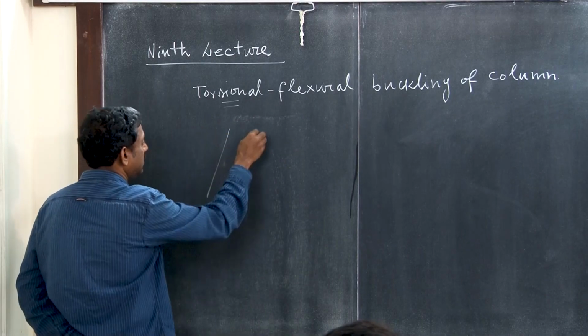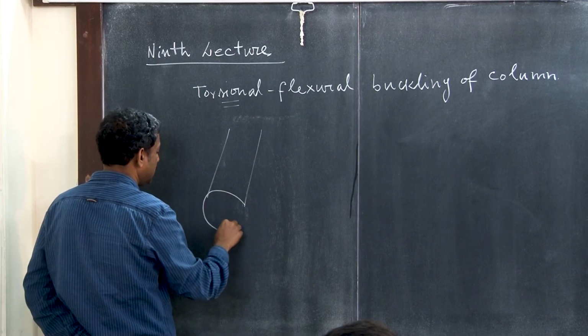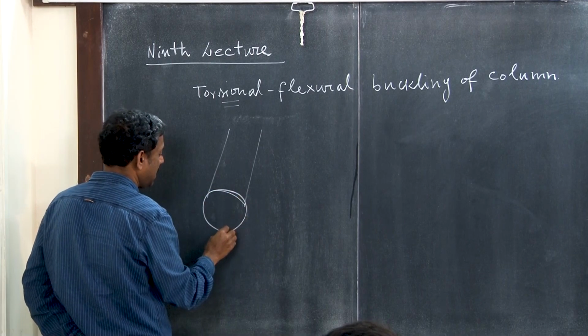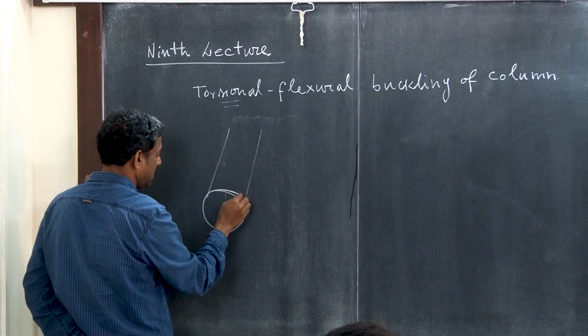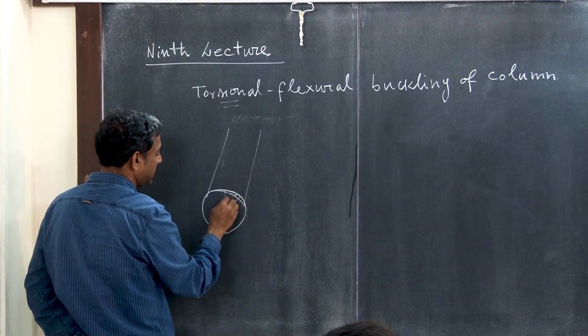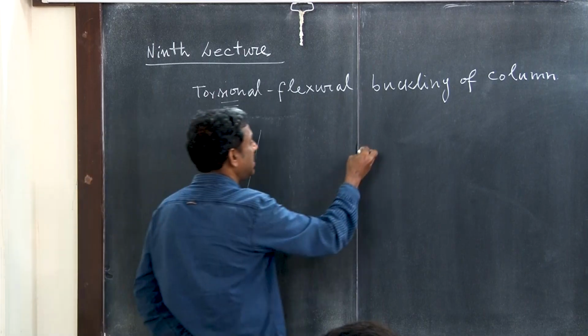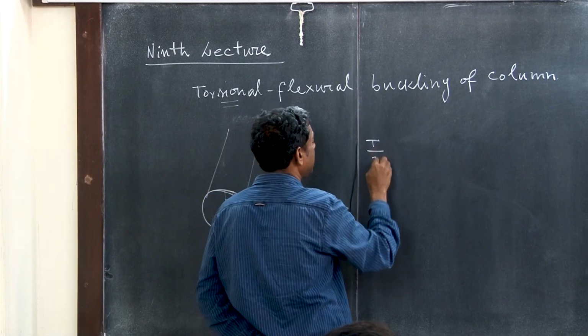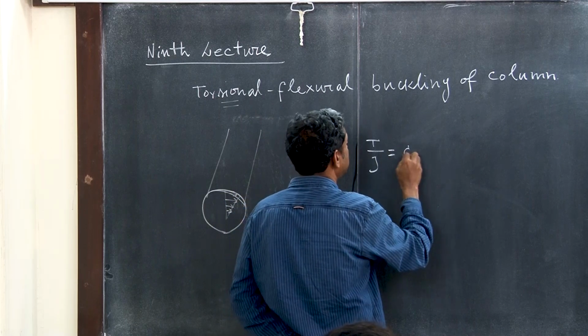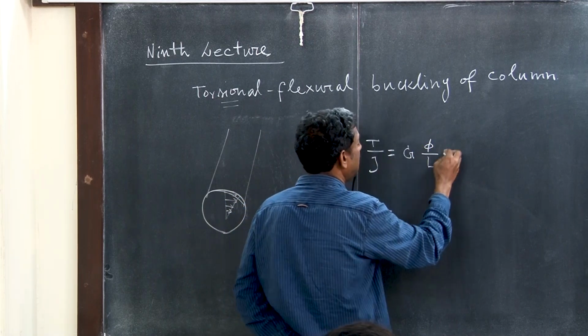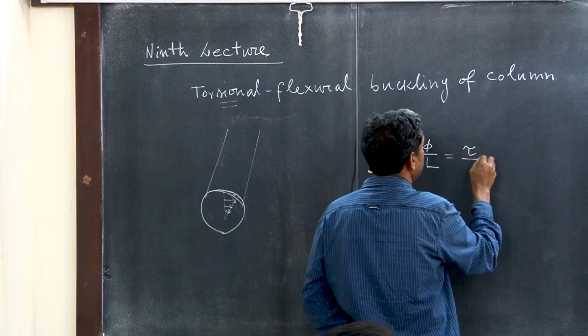If you can recall, here was a shaft, and if you plot the distribution of shear stress, it will be linear. The formula was T by J is equal to G into phi by L, and of course it was tau by R also.